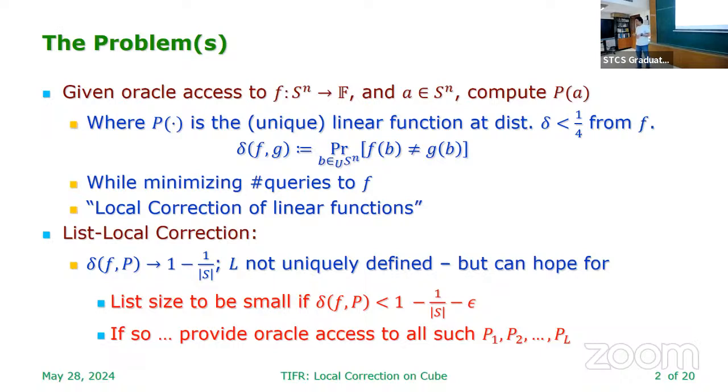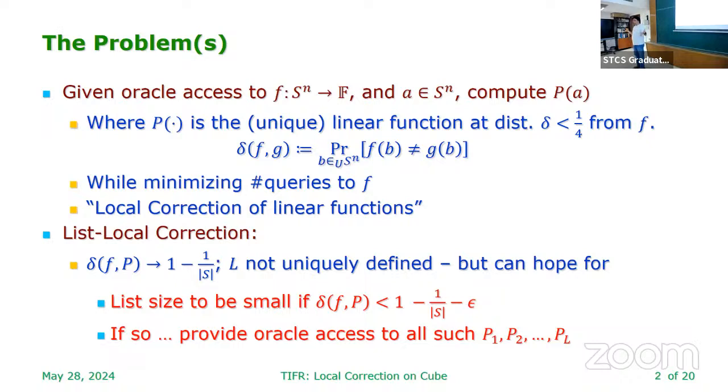So we are also asking for more. When S is large, are we asking for more? It's unclear. It's an incomparable question. You have access to the function at more places, but you also want to provide access to the function at more places. If the field itself is finite and this set is equal to the field, then we are in great shape: we just pick a random line and reconstruct the linear function on the line.